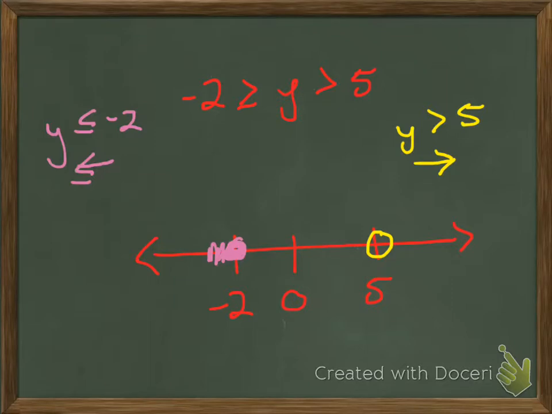Okay, so 5 would not make this solution true. So I'm going to shade outside anything in that direction. So I want to shade that way, and I'm going to finish it off. And then I'm also going to finish shading in the other direction. And that would be my answer for this one.